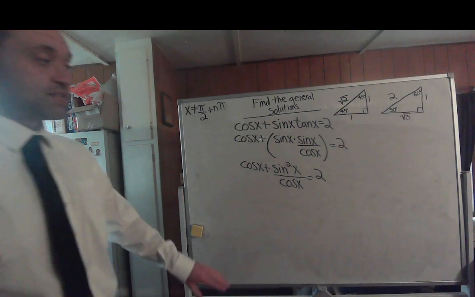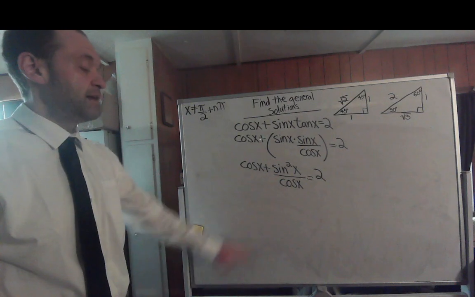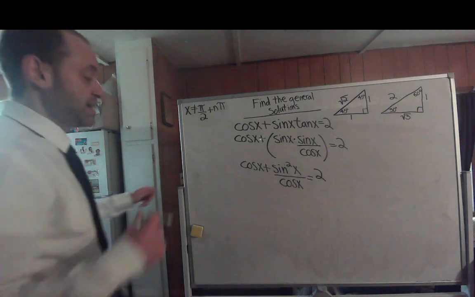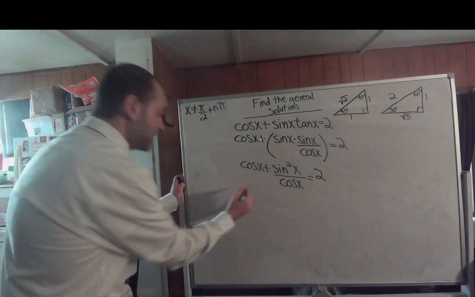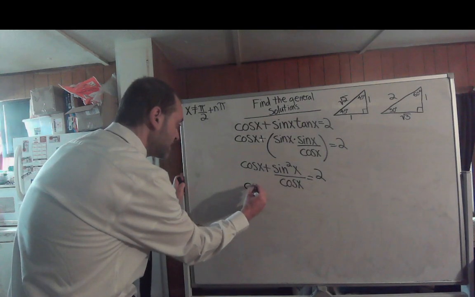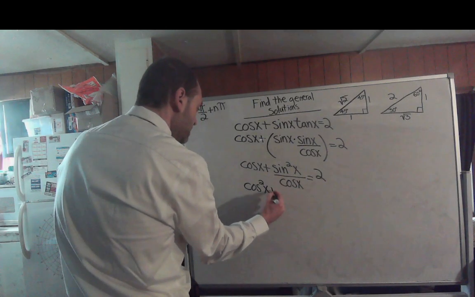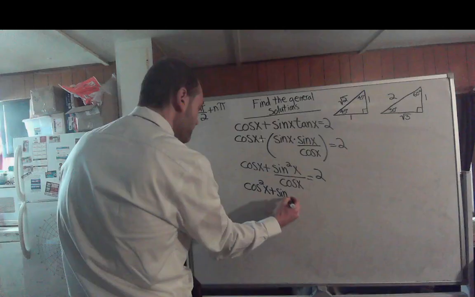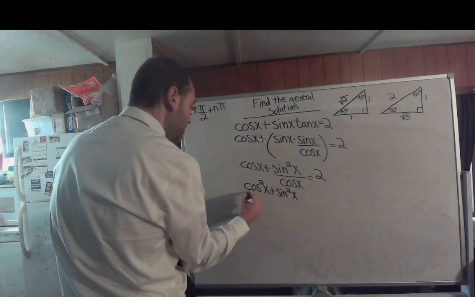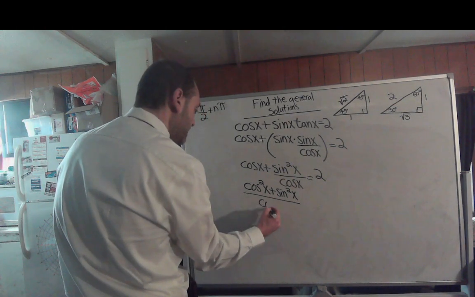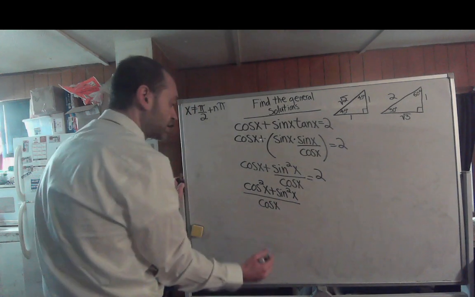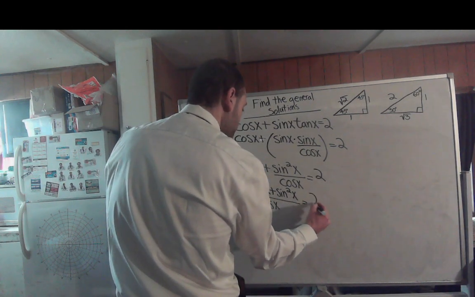Now we obviously need to get a common denominator on the left-hand side. So that's going to end up being the cosine squared of x plus the sine squared of x all over the cosine of x is equal to 2.